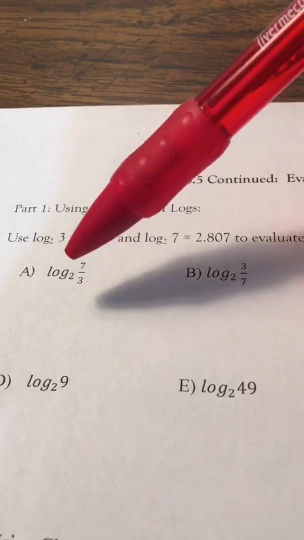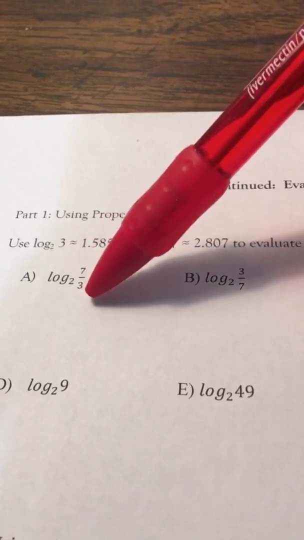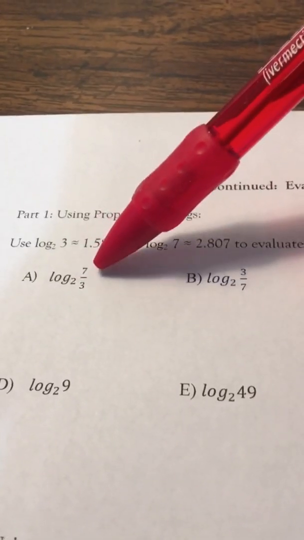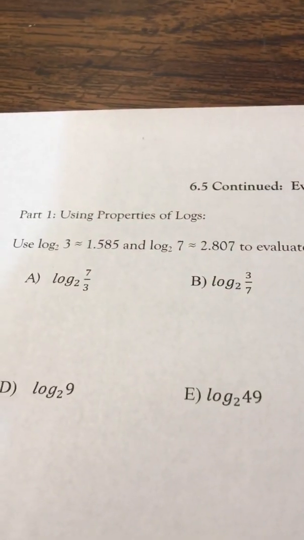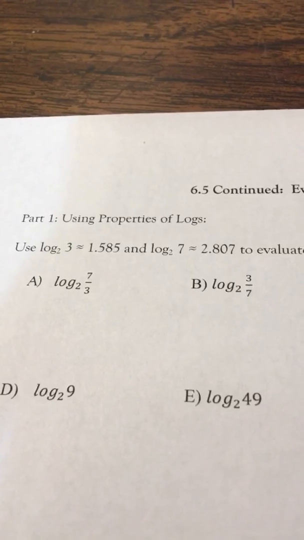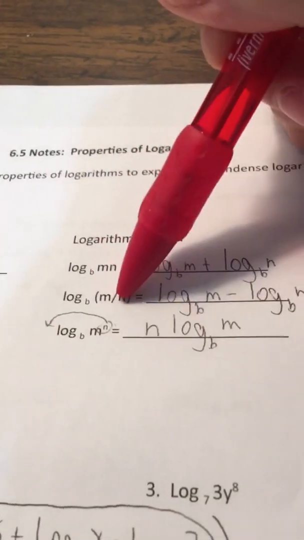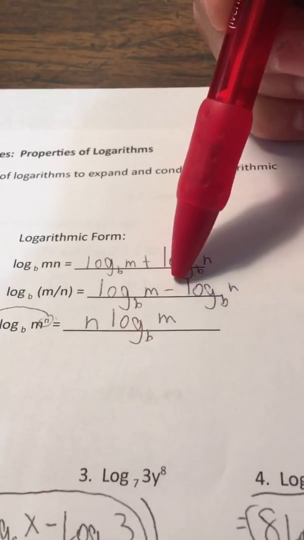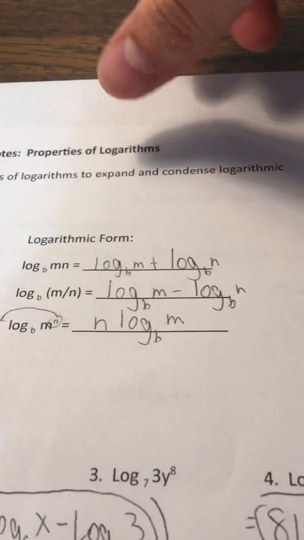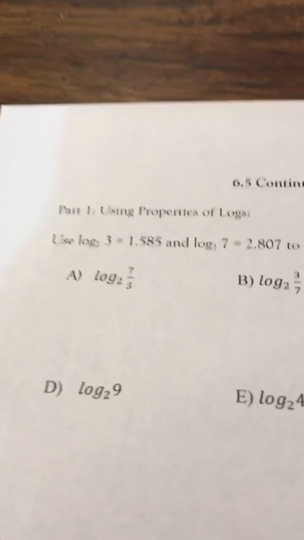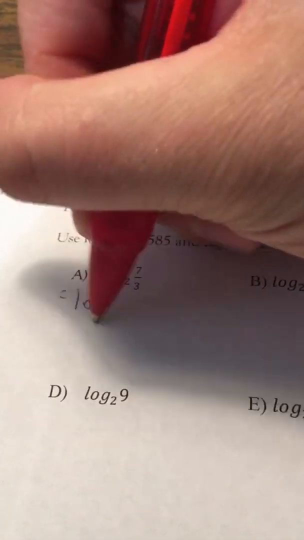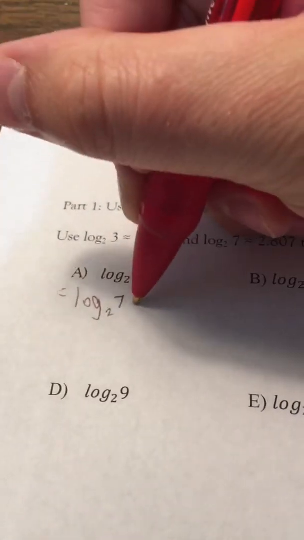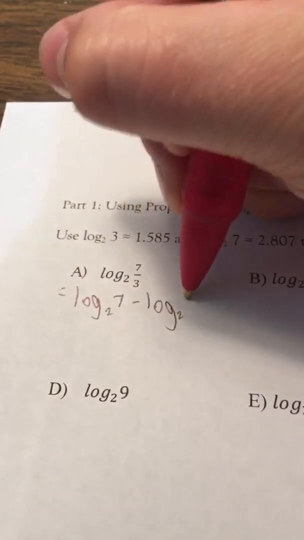And I want to figure out, first of all, log base 2 of 7/3. Now 7/3 is like 7 divided by 3. Using those properties of logarithms you just practiced with, when I have log of something divided by something, I can turn that into what kind of problem? Subtraction. So log base 2 of 7/3 is like saying log base 2 of 7 minus log base 2 of 3.